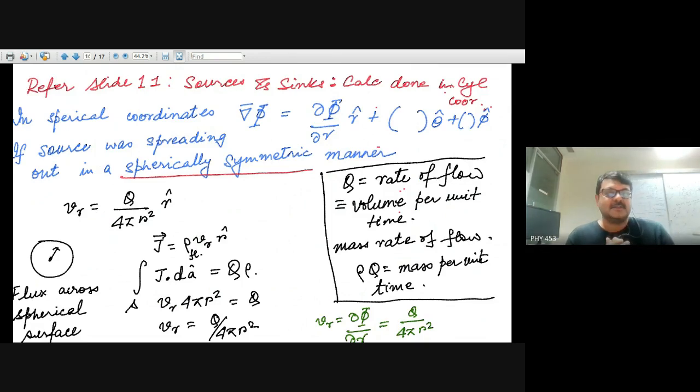So this previous calculation was done in cylindrical coordinates, but you can also do the entire thing in spherical coordinates.